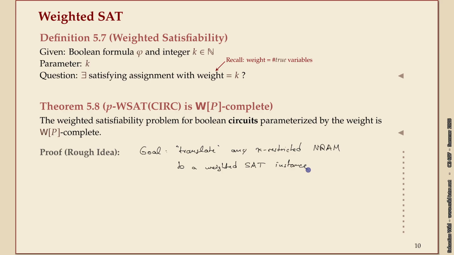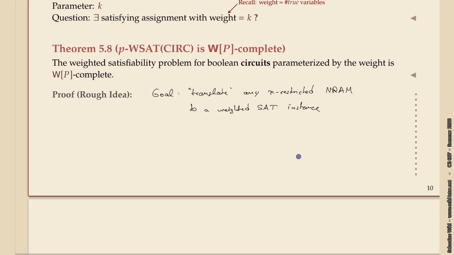And if you try that with ordinary satisfiability, so the Boolean formulas as we know them, this seems not to work. Just because you don't easily get a bound on the weight of the satisfying assignments. But it turns out that there's a slightly more powerful model of satisfiability where this does work, although the details will lead us too far. I just want to sketch briefly what this talks about.